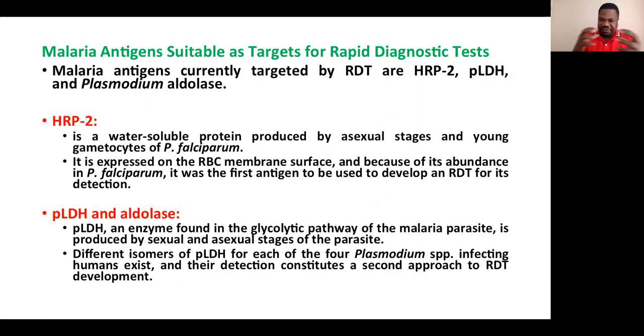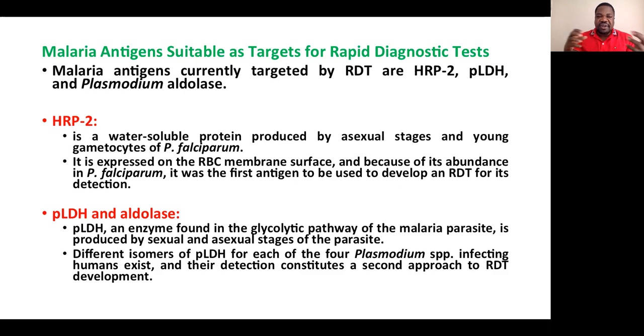But what are the antigens that those antibodies are directed against? The first antigen that is used is HRP2. HRP2 is a water-soluble protein that is mainly found in Plasmodium falciparum. It is expressed on the red blood cell membrane surface.